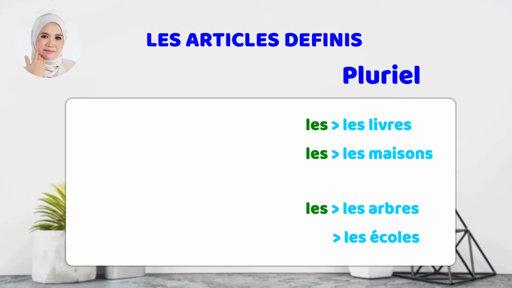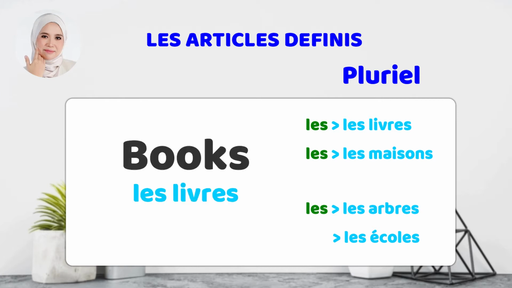The article les is the easiest to use since it is used when the noun or word following is in plural form. For example, "the books" in English is les livres, and we know that there is a letter S at the end of the word, so we know it is plural.